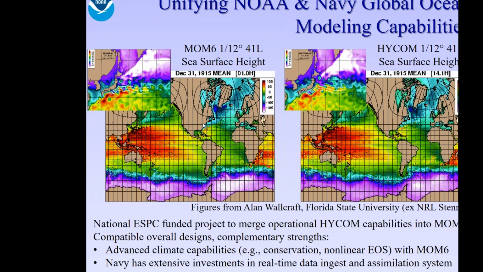And this is a very deliberate activity funded by the National Earth System Prediction Capability. And it really is recognizing that there are overall some very nice complementary designs and strengths of these two models. Specifically, MOM6 has a lot of capabilities that are directly tied to its legacy coming from being a climate model.